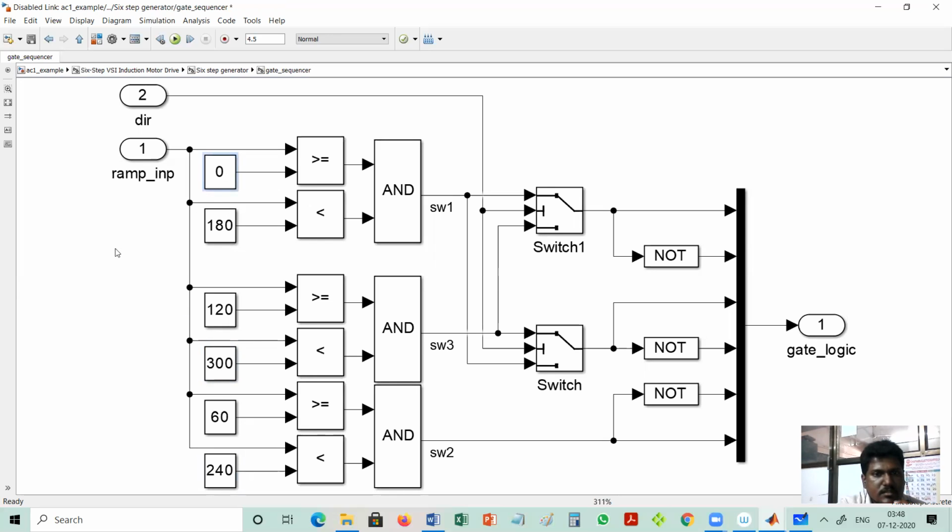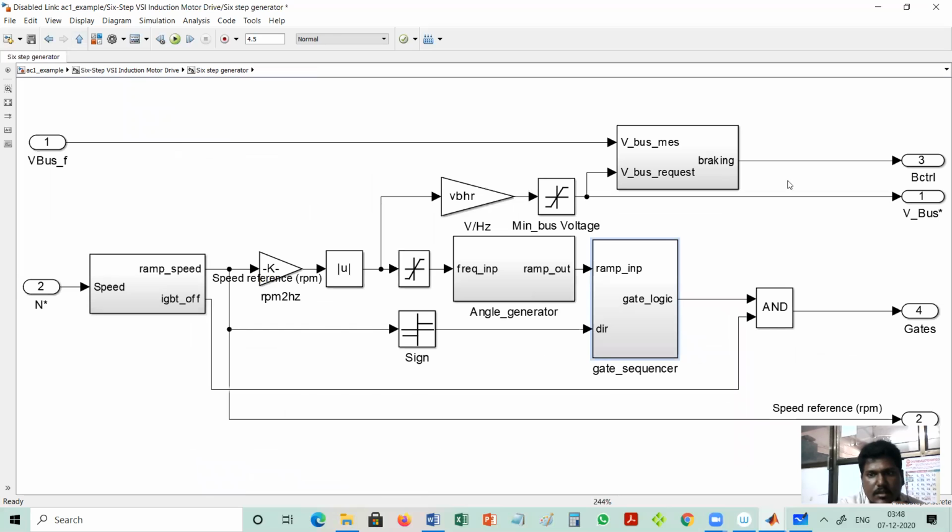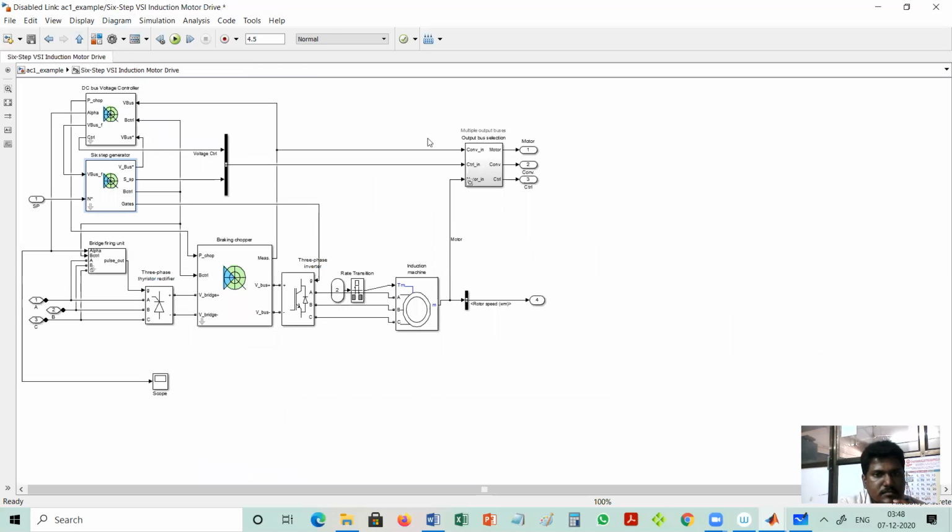That theory they have implemented here to generate the gate signals. In this way gate pulses are generated, which are given to the base of the IGBTs.